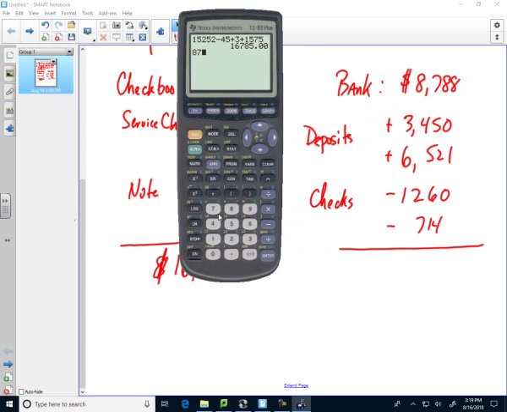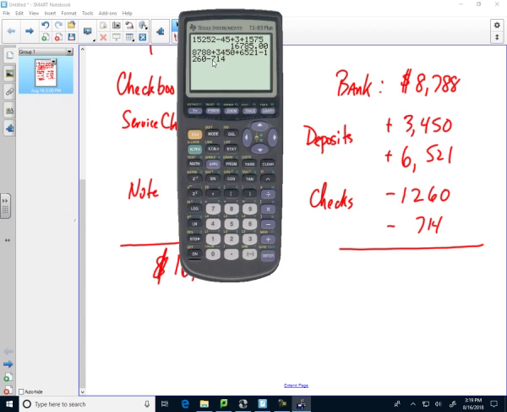8,788 plus 3450 plus 6521 minus 1260 minus 714.